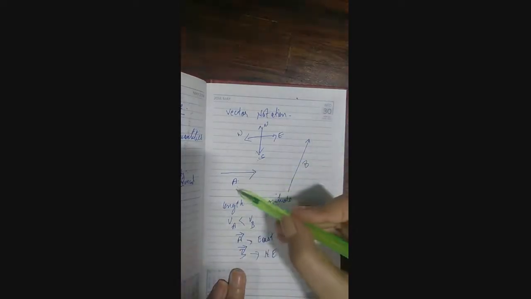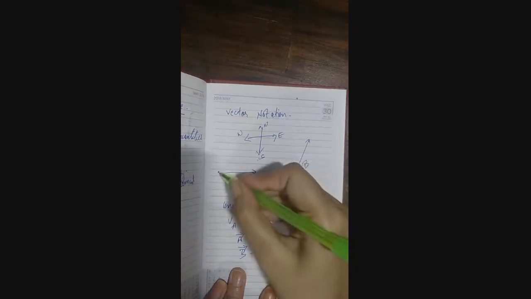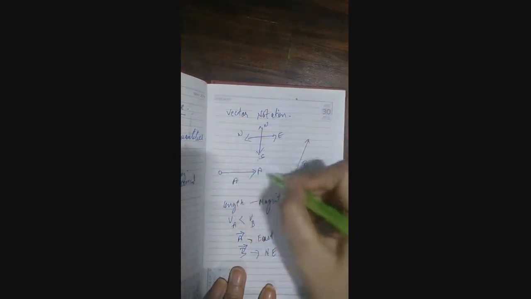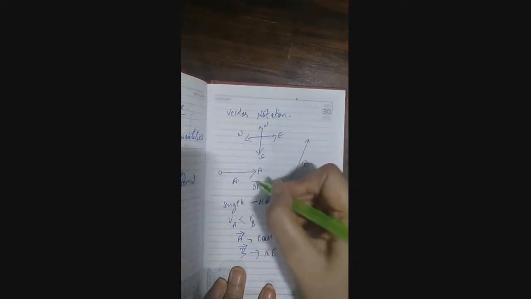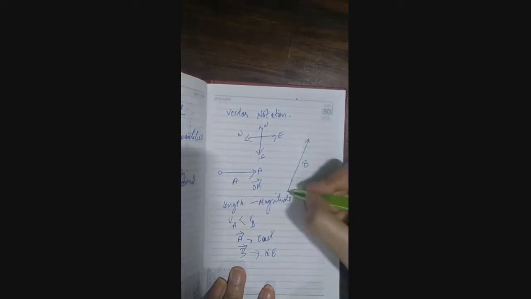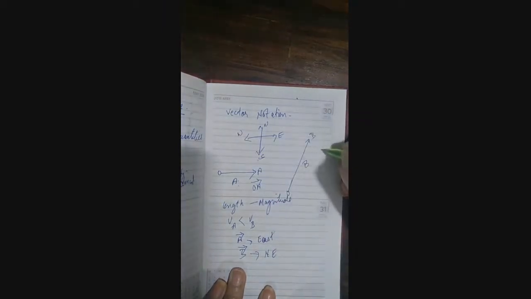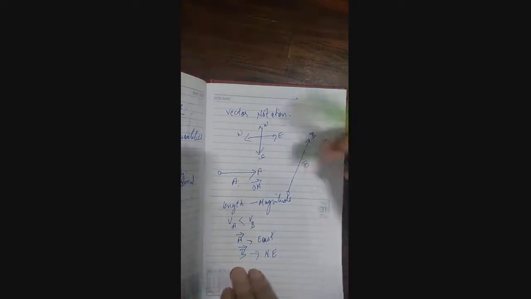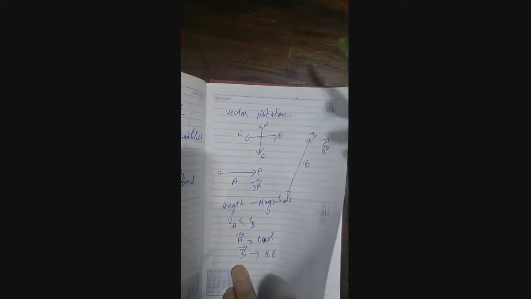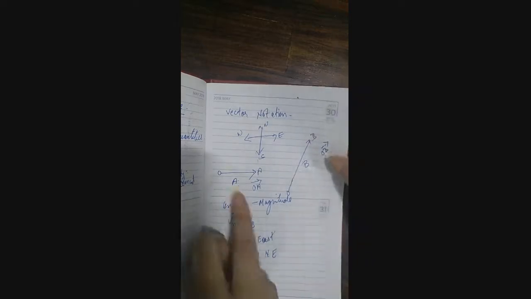You can represent it as OA, so your vector becomes OA with an arrow on top. Suppose this is OB, this becomes OB with an arrow on top. A vector quantity should have an arrow on top. So the longer the arrow, the greater the value of that particular vector.